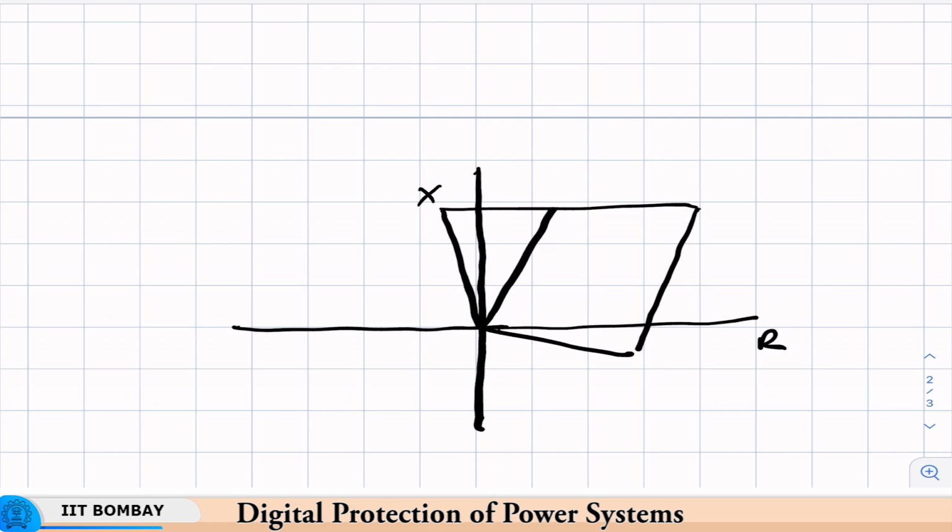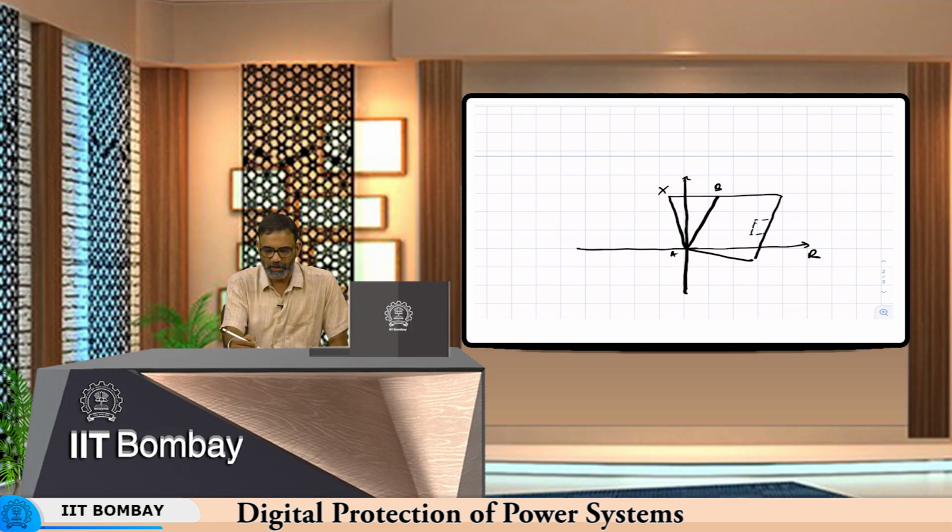This was the line, say AB. This is a better characteristic than the Moe characteristic, and you can in fact have any kind of characteristic. You can even cut out this part, and since it is programmed, you can have any characteristic that you think is suitable for the line.